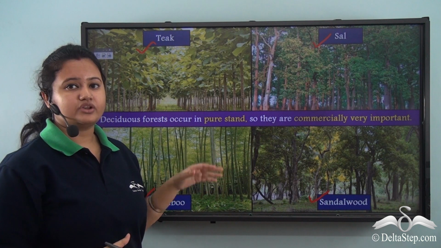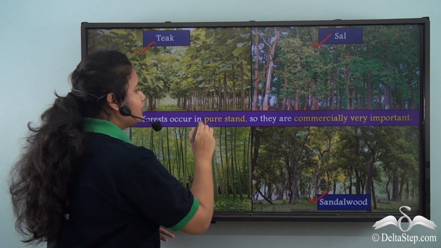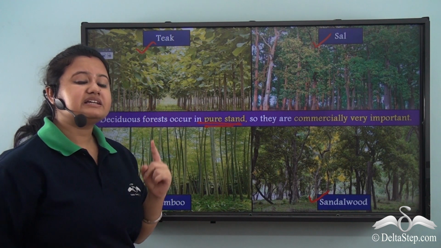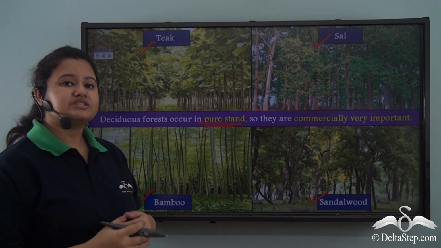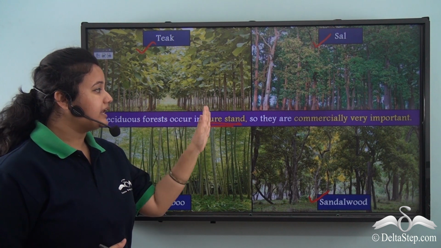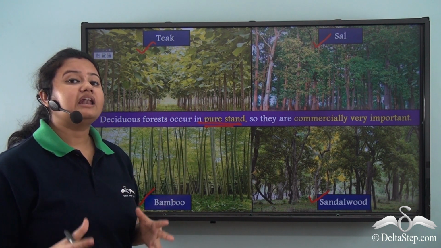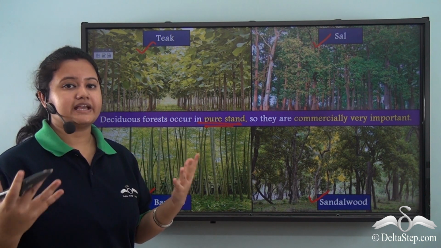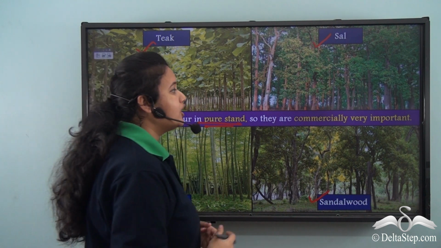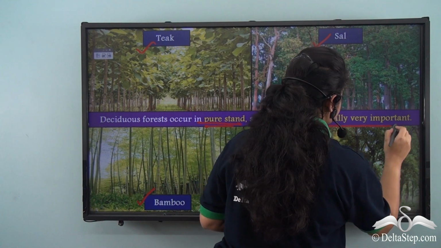Now, all these trees occur in pure stand, that is, a single variety of plant species grow together. So, since the trees occur in pure stand, therefore, unlike evergreen rainforests, deciduous forests can be easily exploited, and therefore they are commercially very important.